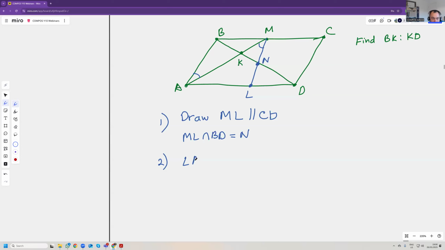Angle BAM is equal to angle AML because it's alternate angles, and similar to this angle. Angle ABK.